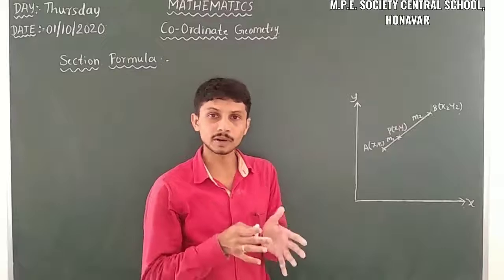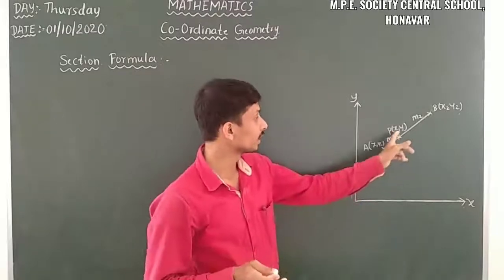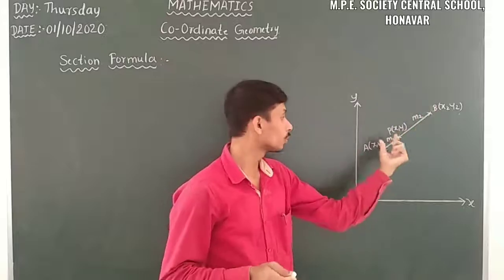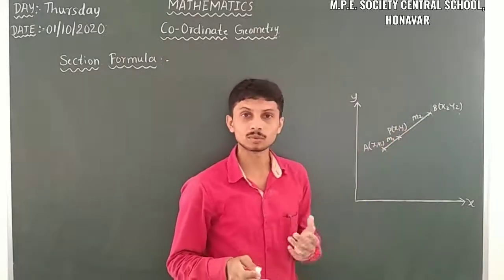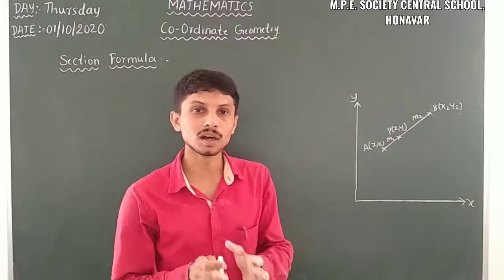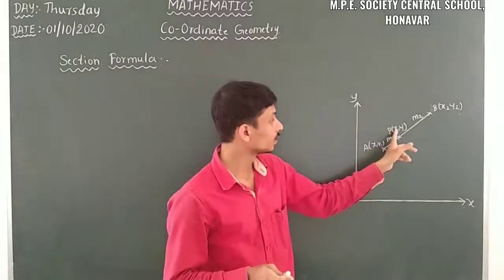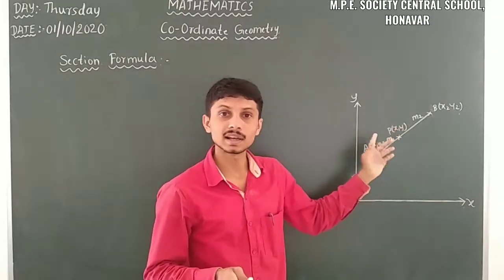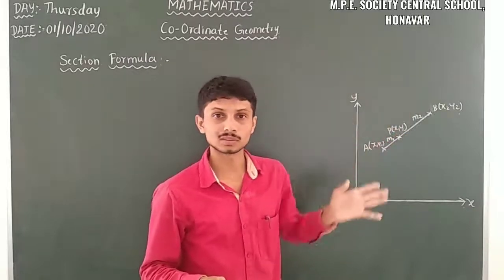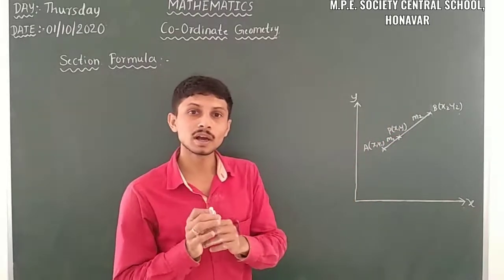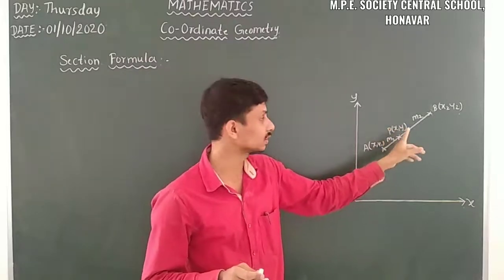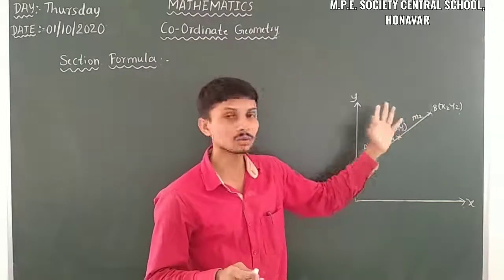Here we have to find the relationship of x, y and x1, y1, x2, y2 with m1 and m2. That means we want a formula giving a relationship between x, x1, x2, m1 and m2, and also a relationship between y, y1, y2, m1 and m2.